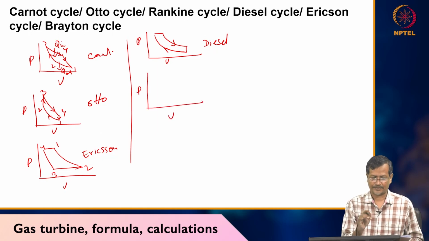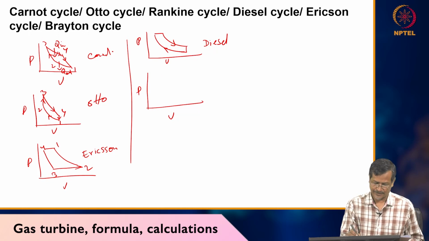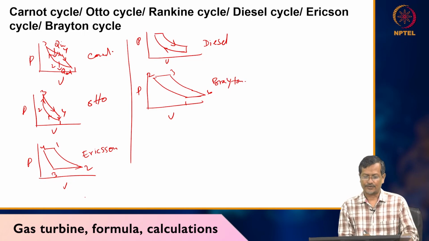The gas turbine system I am discussing is based on the Brayton cycle. The PV diagram will be like this, 1, 2, 3, 4. You can see the differences.